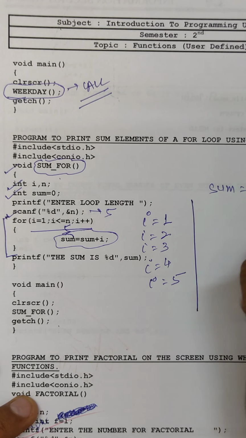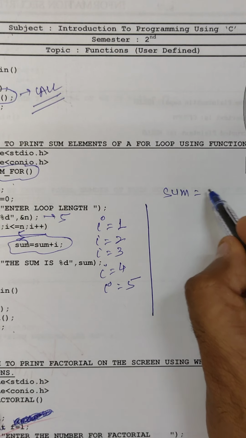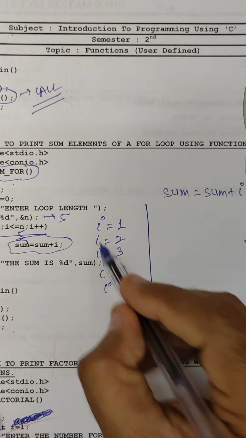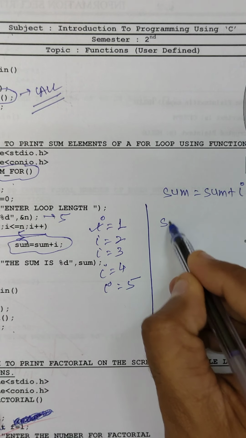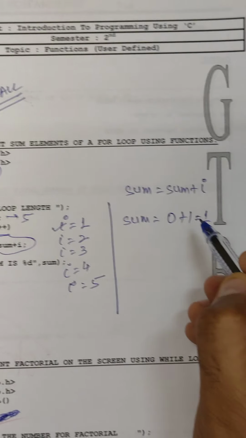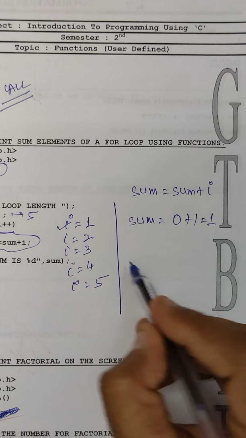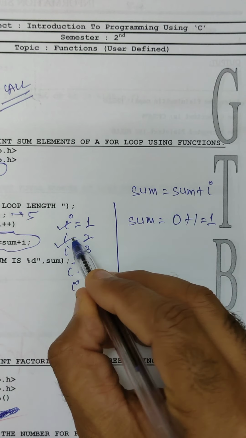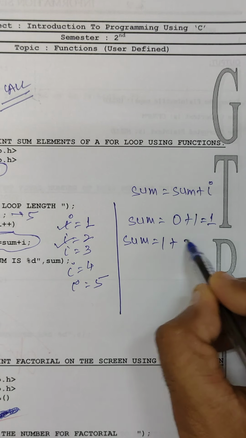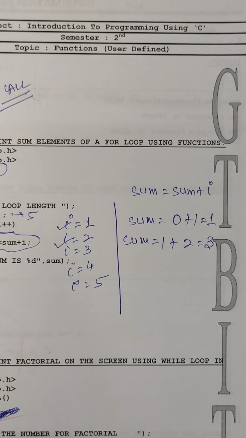It says sum is equal to sum plus I. When value of I is 1, it will be written as sum is equal to sum plus 1, which is equal to 1. When value of I is 2, it will be written as sum is equal to sum plus 2, which is equal to 3.